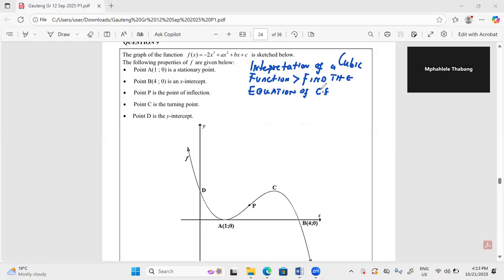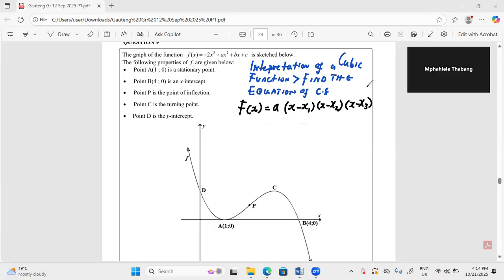Now, there is a very important formula that we normally use when we are looking for the equation of a cubic function. You have to remember this formula that says f of x, if that cubic function is f of x, is equal to a into x minus x1, x minus x2, x minus x3.